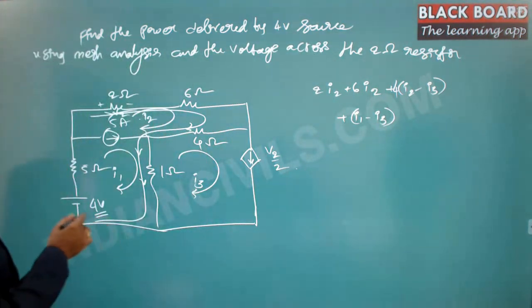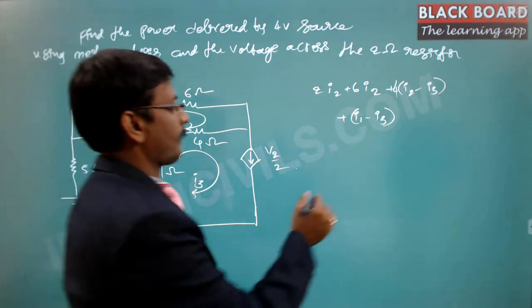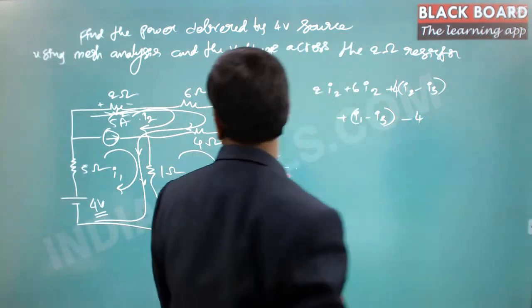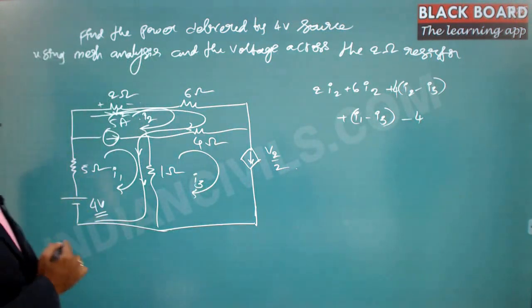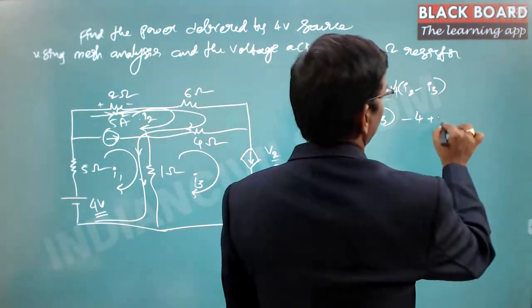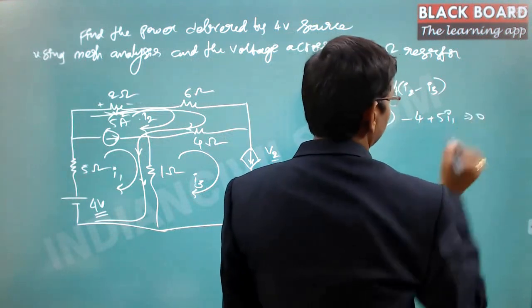And this should be equal to minus 4. And then the current passing from bottom to top, plus 5 times I1, and this equals 0.